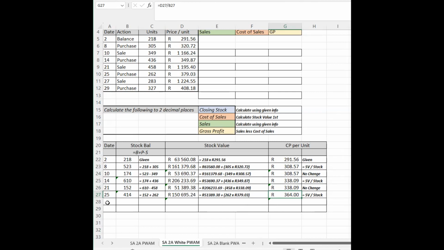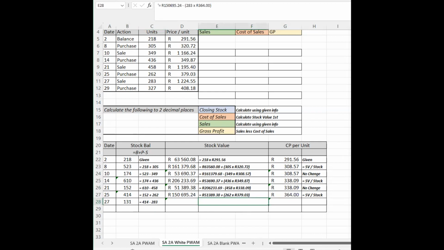Okay, then on the 27th, we make our next sale. What are we selling? Well, we are selling 283. That 283 must be subtracted from what we have on hand. We are left with 131 units of stock.